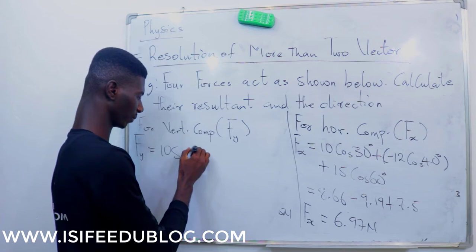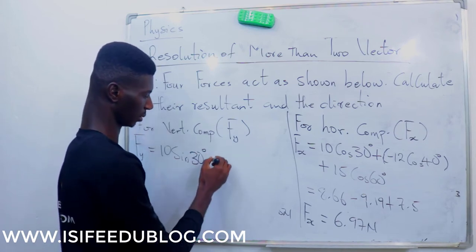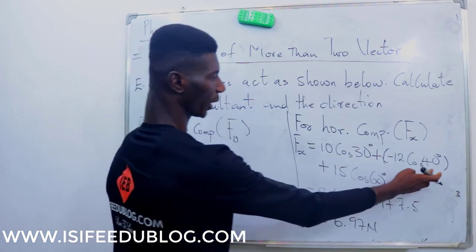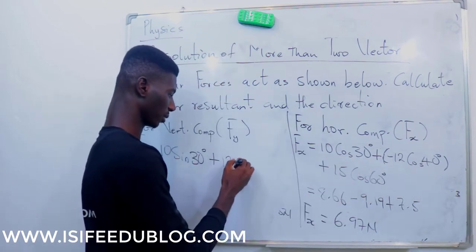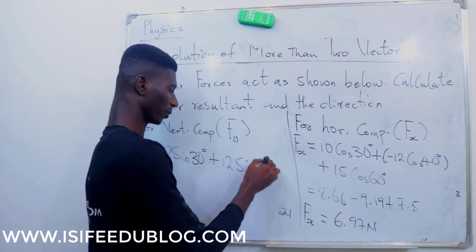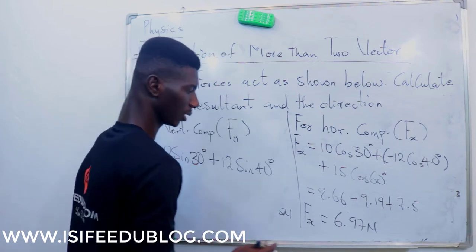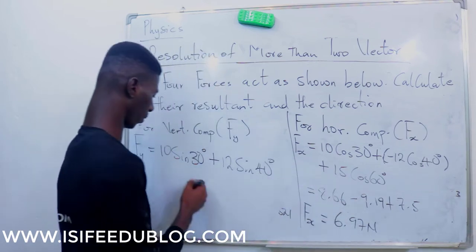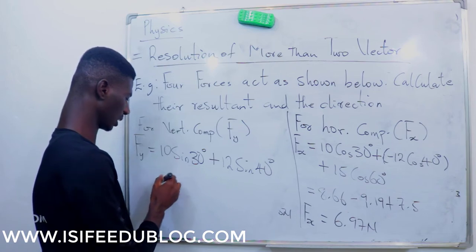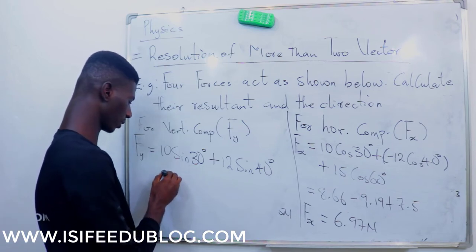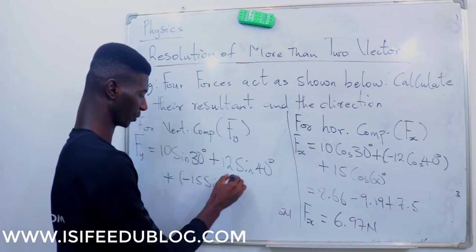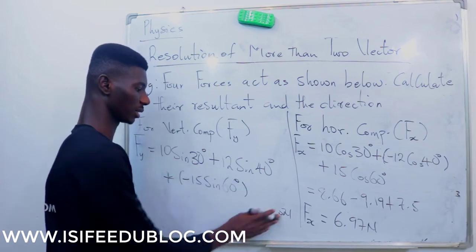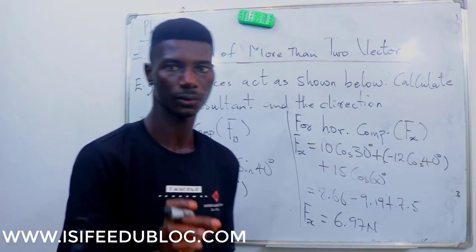We have sine 30 degrees plus where 12 falls is positive, so we have 12 sine 40 degrees. But where 15 falls is negative, so we have plus minus 15 sine 60 degrees. Always take note of your signs.